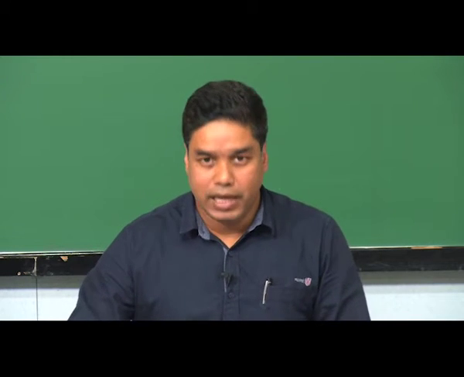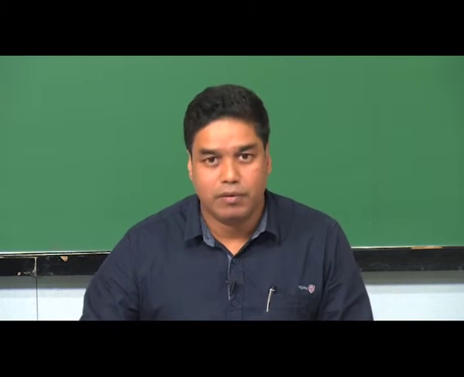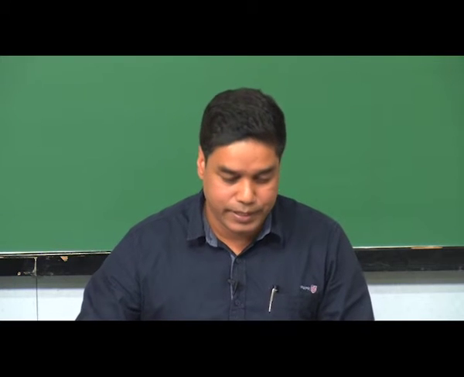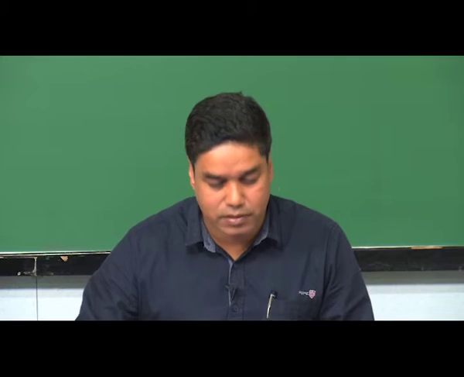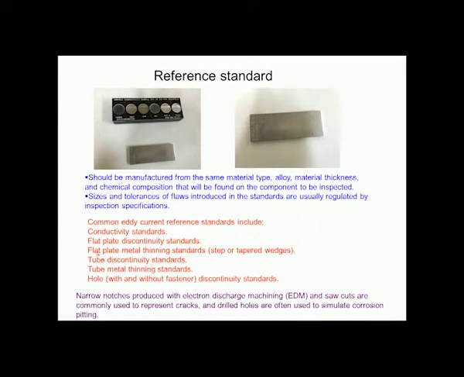That kind of damage or defect can also be inspected by eddy current. And when you do that, you should first calibrate the instrument using flat plate metal thinning standards, which could be step or tapered wedges.